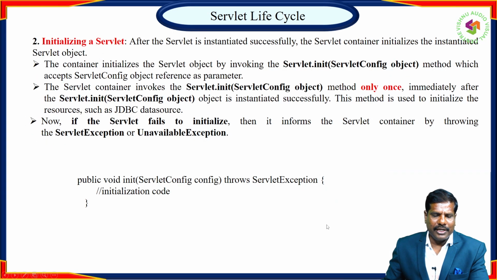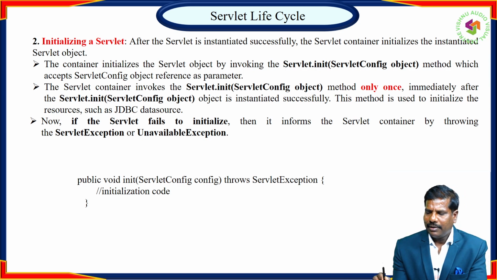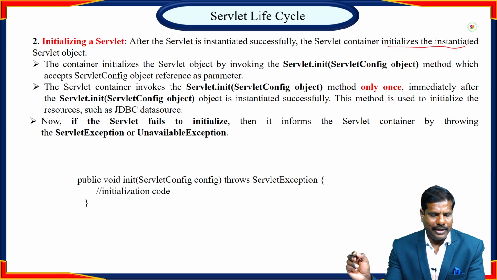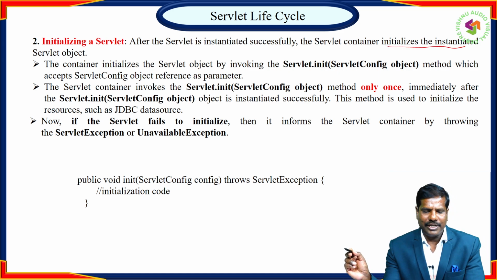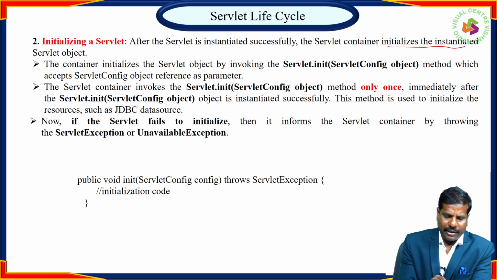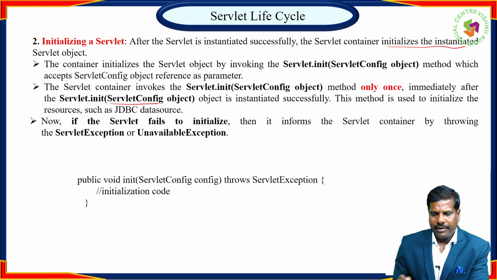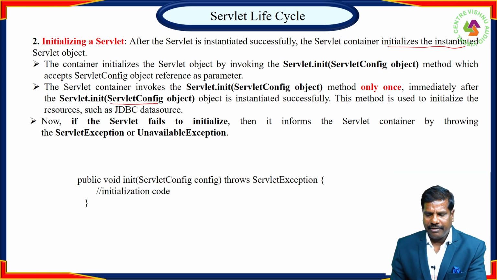Second step is initializing the servlet. After instantiation is completed, the servlet container initializes the instantiated servlet object. The init method has one parameter, that is the ServletConfig interface. Okay, this object is instantiated successfully.